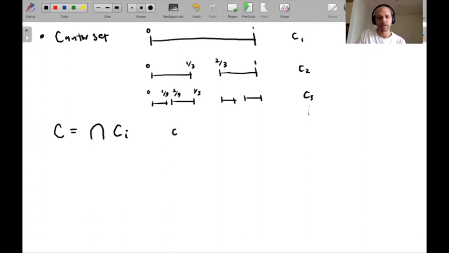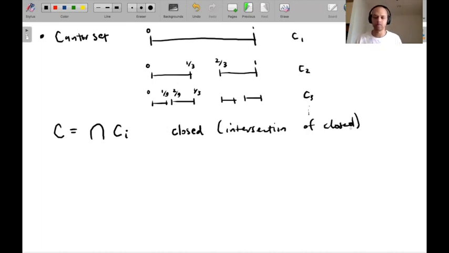And well, it's closed, it's compact because it's closed as the intersection of closed sets. The intersection of any closed sets is closed. This is complementary to the fact that the union of open sets is open.